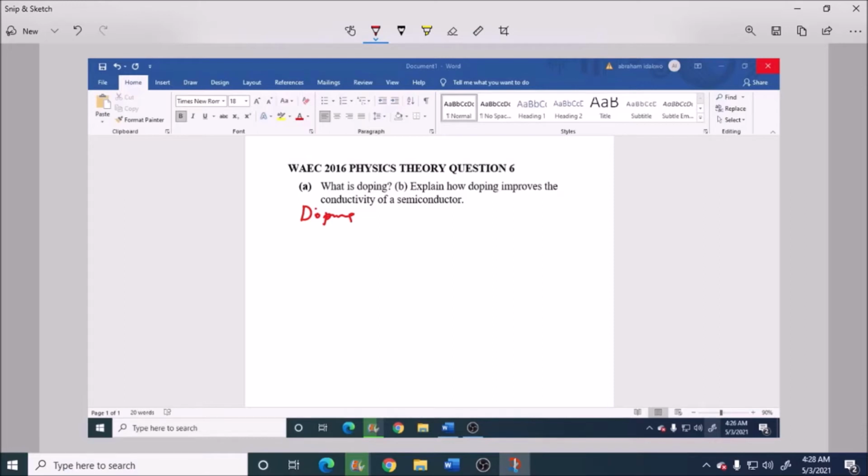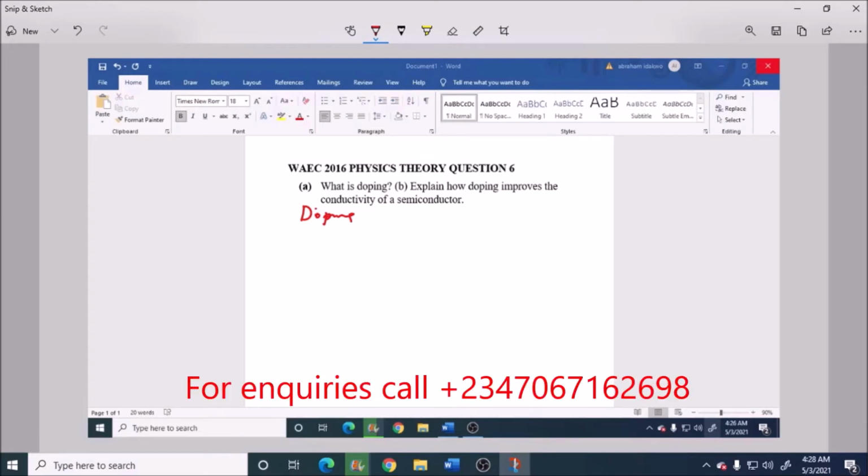Then the B part of the question: how doping improves the conductivity of a semiconductor?